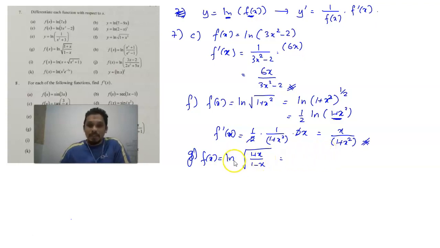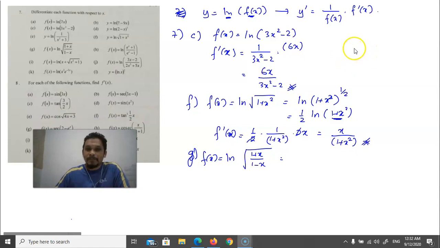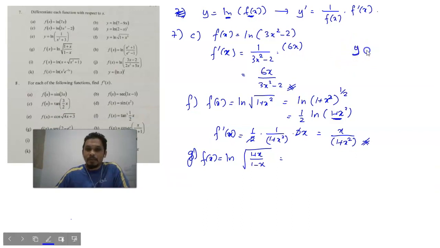Okay, for this one now, let's refresh our memory about this. y equal to natural log of a over b is equal to natural log of A minus natural log of B. You still remember that?